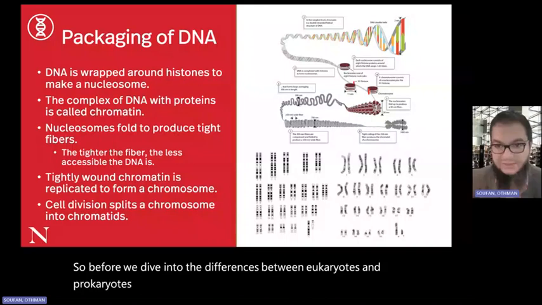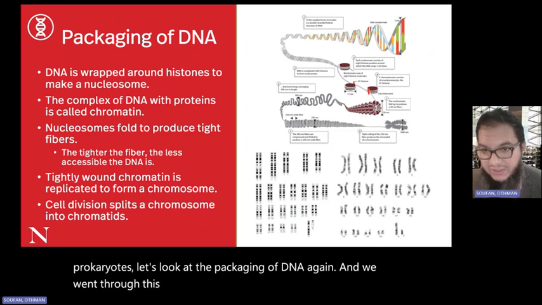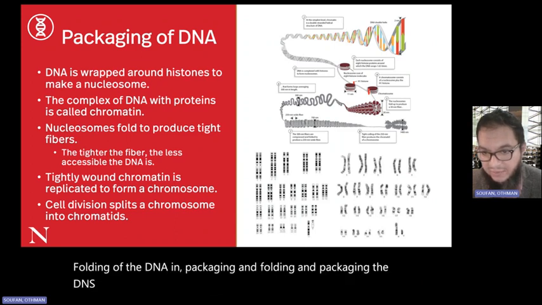Between eukaryotes and prokaryotes, let's look at the packaging of DNA again. We went through this earlier. As you can see here, this is the folding and packaging of the DNA, up to the level of a chromosome.